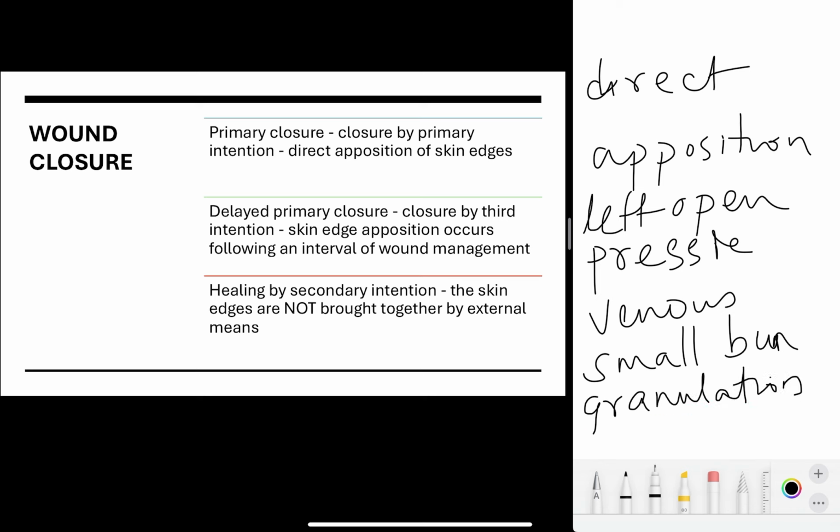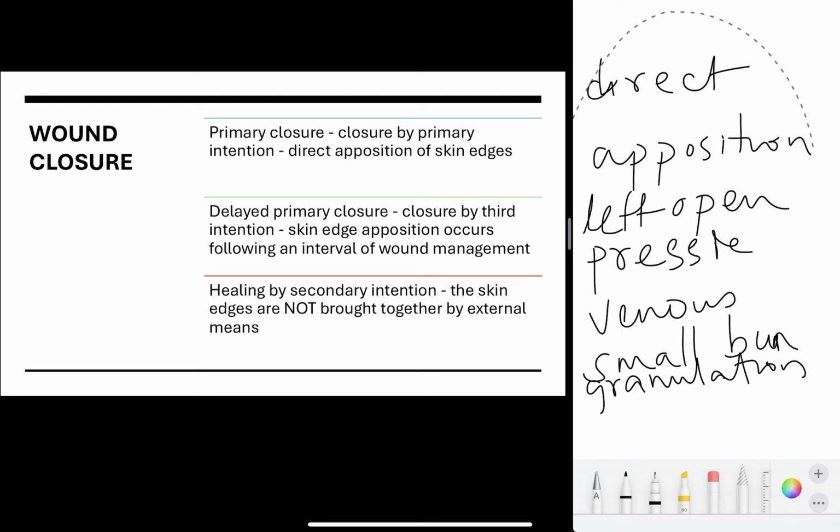It heals by granulation tissue, and eventually there will be epithelialization over time. So at no point are the skin edges brought together by external means. The process of healing by secondary intention might be assisted using negative pressure wound therapy.